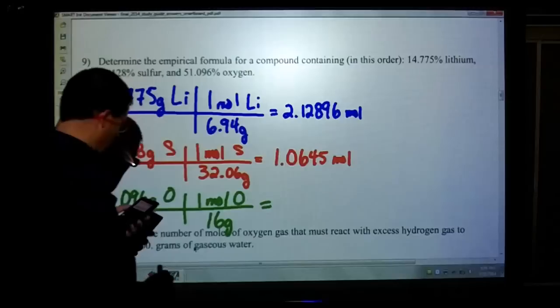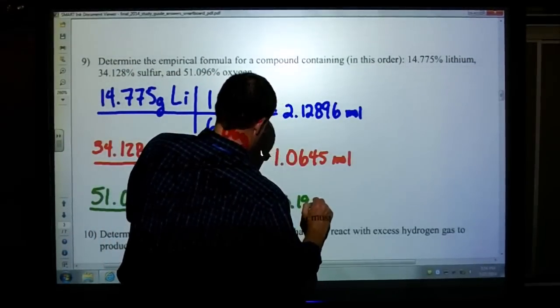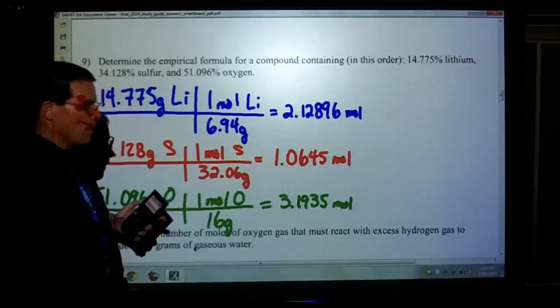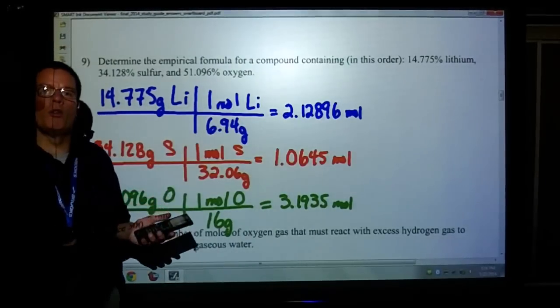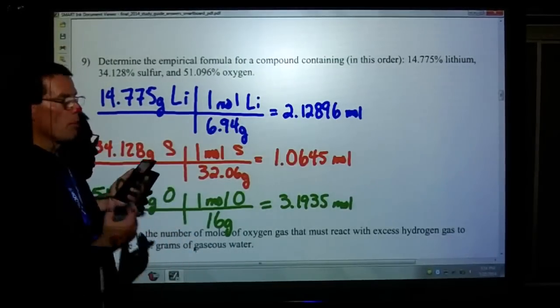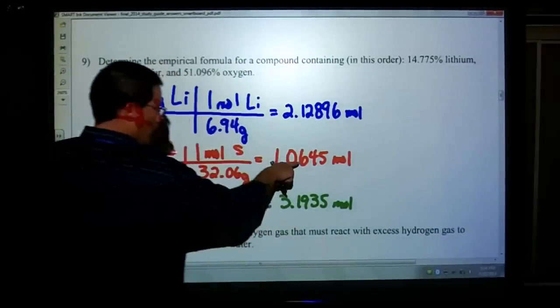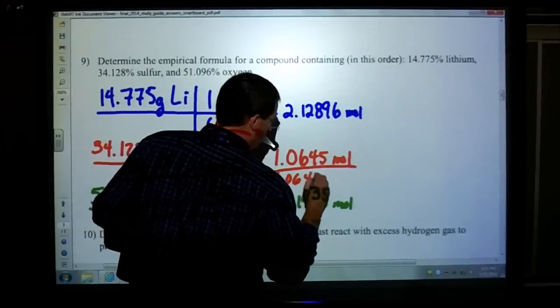And for oxygen, I have 3.1935 moles. Now I want to look at my number of moles, but I can't get a ratio from that. So what I want to do is find the smallest number of moles and divide everybody by that. It looks like my sulfur is the smallest value, so I'm going to divide all of them by this value.